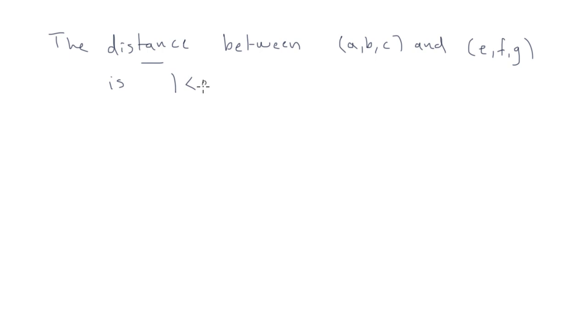So a minus e, b minus f, c minus g. That's just the distance formula. It's what we use to define the length of the vector.